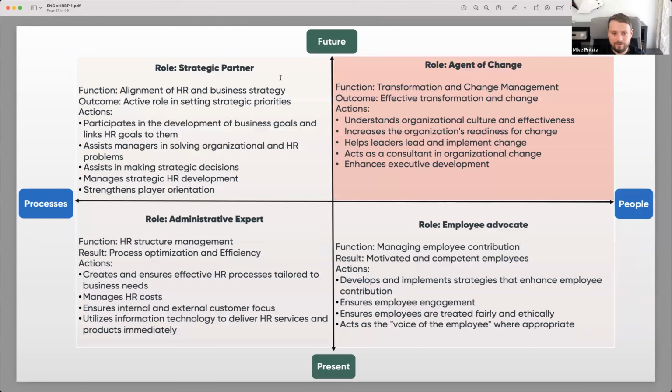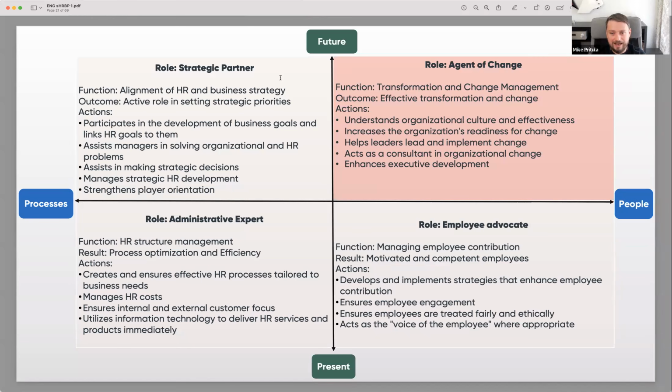So here I have the detailed description of all 4 roles, and about the agent of change role, you may read the following. Function of this role: transformation and change management. Outcome: effective transformation and change.